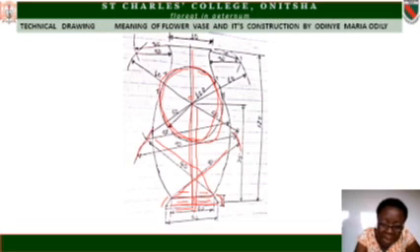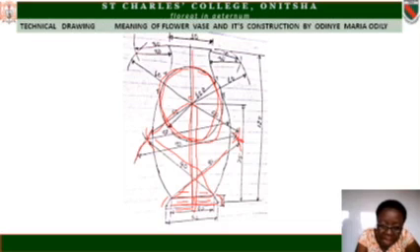For the intersecting arc, we measure 50 millimeters radius, center, the height of 75 millimeters height of vase. We draw an intersecting arc, left and right, to cut the previous one. These points of intersection are centers for the profile of the vase.